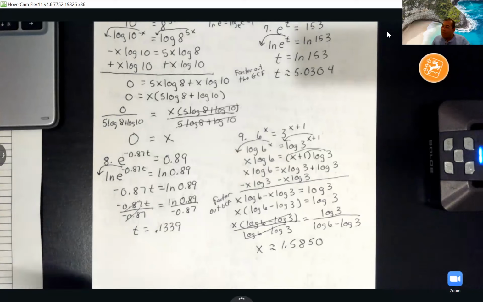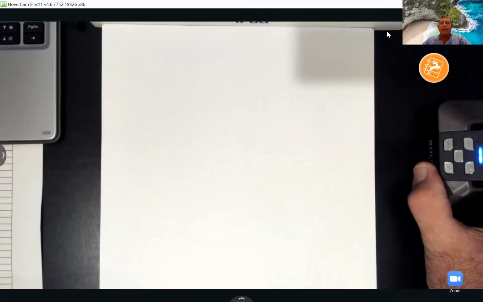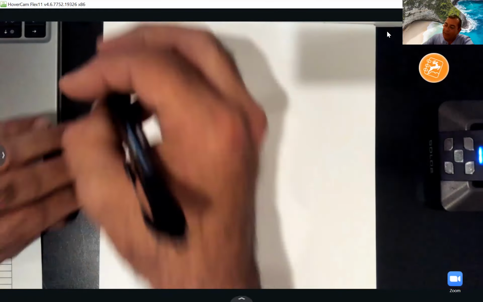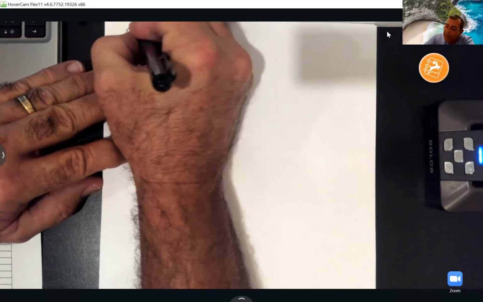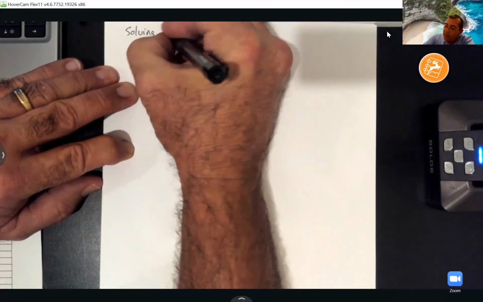All righty. So that was our exponential equations. So now we're going to get into logarithmic. So these will be the steps to solving logarithmic equations.